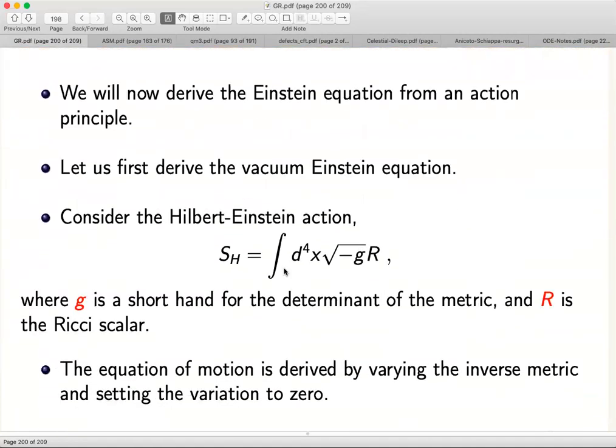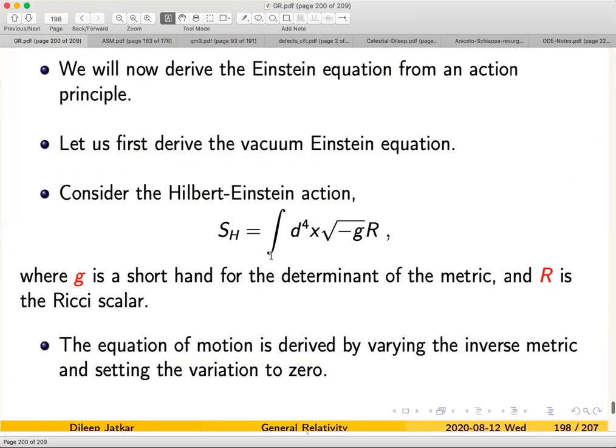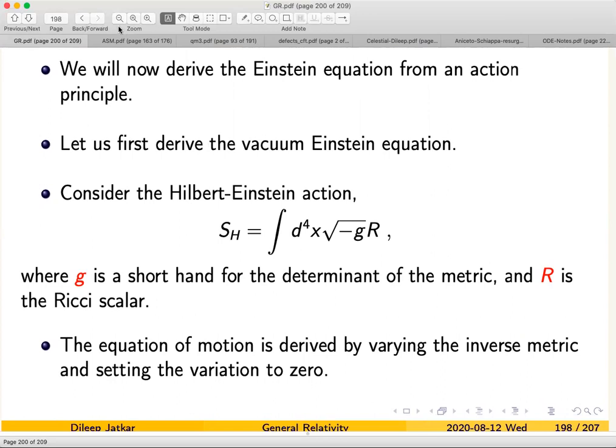So here's the thing. Somebody wished to get the Einstein equation from the action principle, so let's try to fulfill that wish. Let's first try to derive the vacuum Einstein equation. Let's consider the Einstein action.